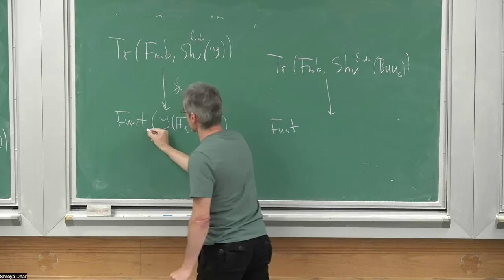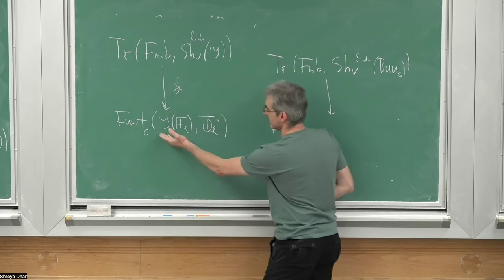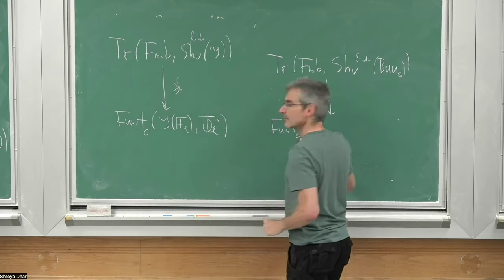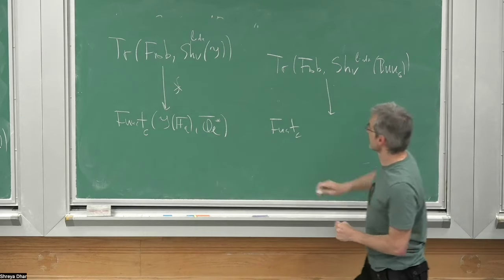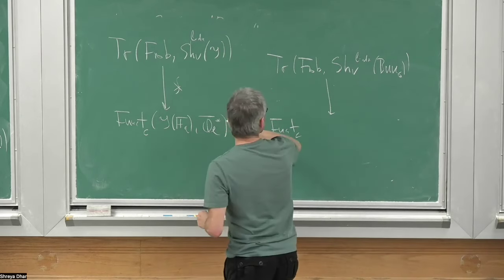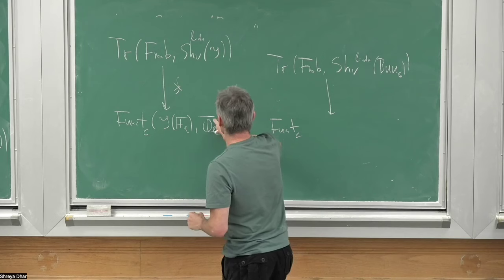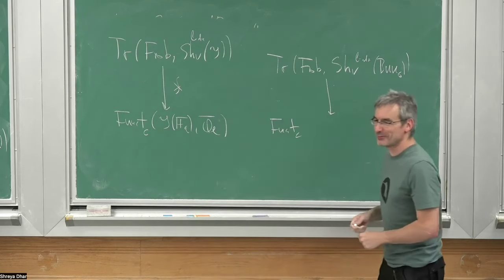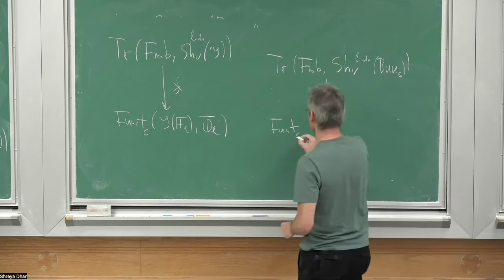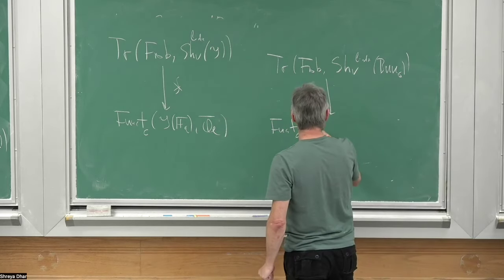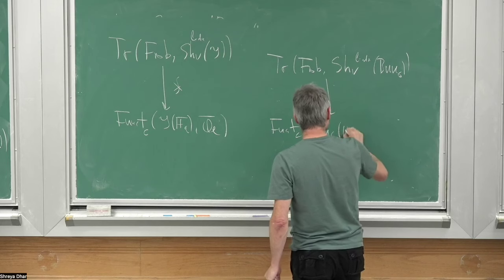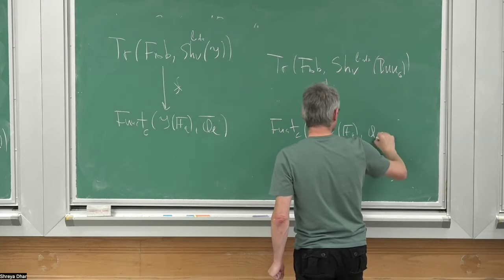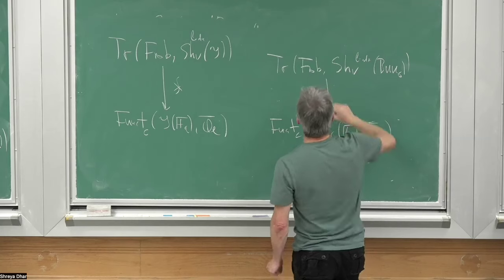I should say also with compact supports, because Y may be non-quasi-compact. That's why you have a star there. So we get functions on Bun_G. But we have another player.